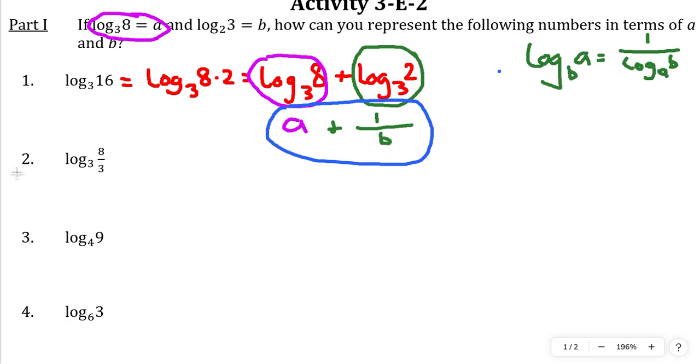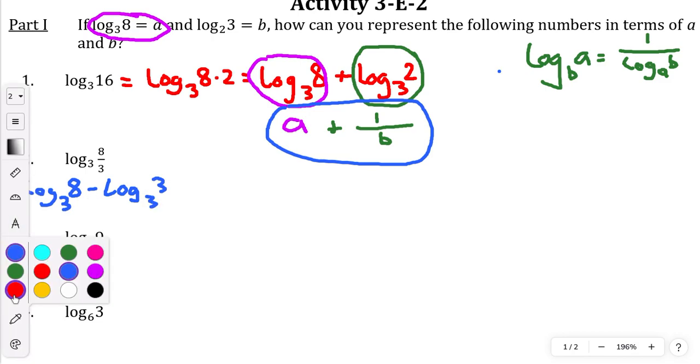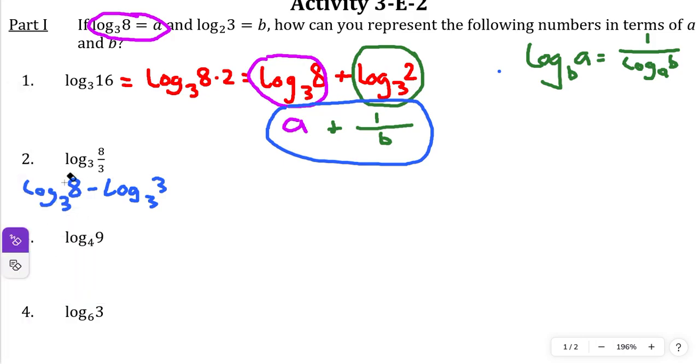Number 2, well, we have a little division. You know what that means? That means log of 8 base 3 minus log of 3 base 3. You know what? Let me do some color coding here. I think that would help. I'm going to have to erase. Let's do this and this. And we'll call this 8.